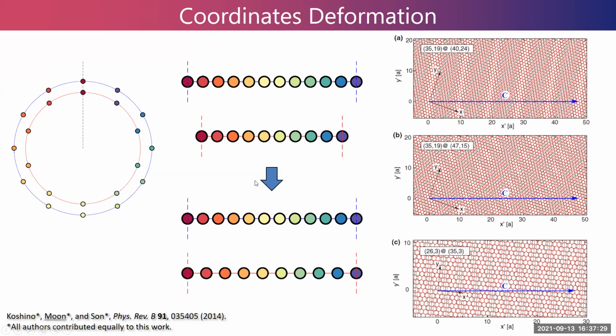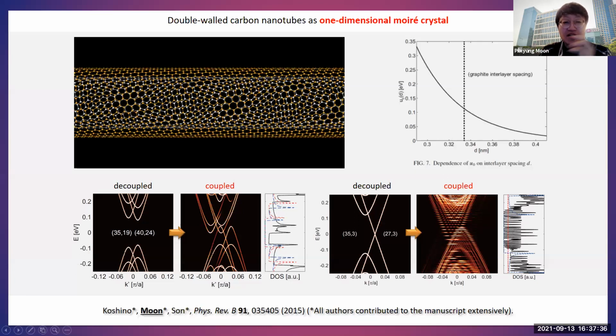Before our work, most studies ignored the interaction between the tubes, so they used decoupled features. This is the band structure of two semiconducting nanotubes. They show some gap structure. But our calculation shows that in some structures, the intertube interaction is very efficient.